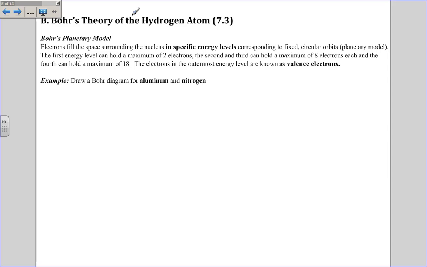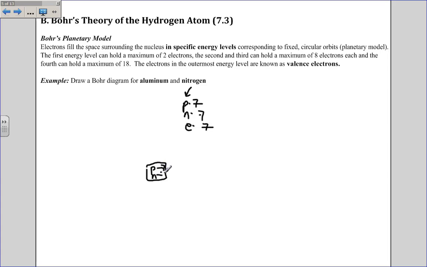So if we look at a Bohr diagram, we'll just do nitrogen for now, okay? And you can do aluminum on your own as a second example. So we've already practiced and made sure that we understand how to count the protons, the electrons, and neutrons. And for nitrogen, it's got 7 protons, 7 neutrons, and 7 electrons. So to draw the Bohr model, we have our nucleus. How you represent the nucleus, if you want to represent it as a circle, that's okay.